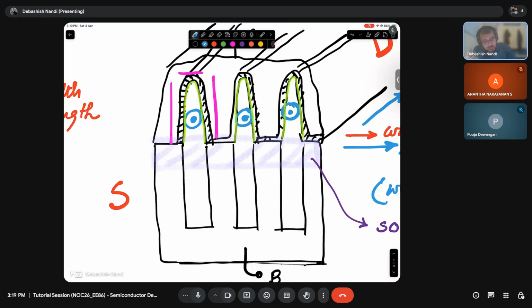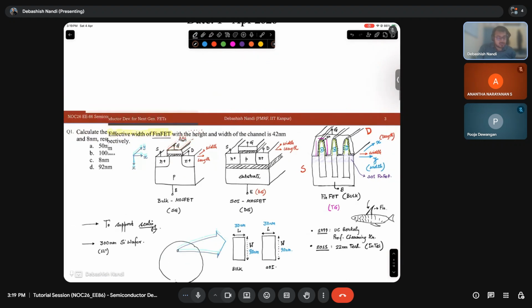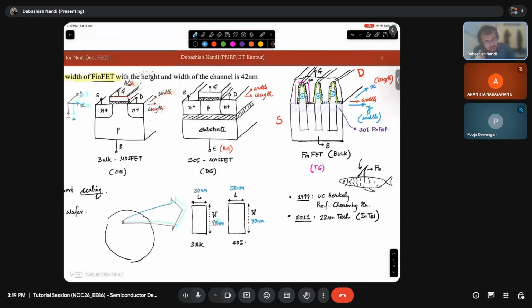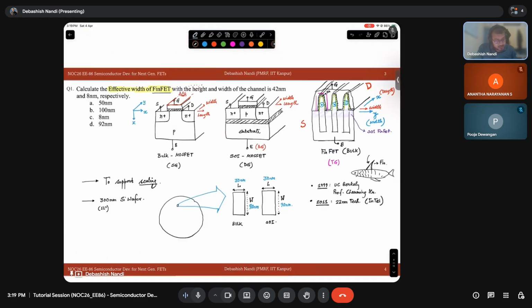Now let me consider I only have this single fin. This is called fin. To accommodate W of 90 nanometer, let me zoom in and draw it here. So I have a fin structure like this, and then I'll have the oxide.